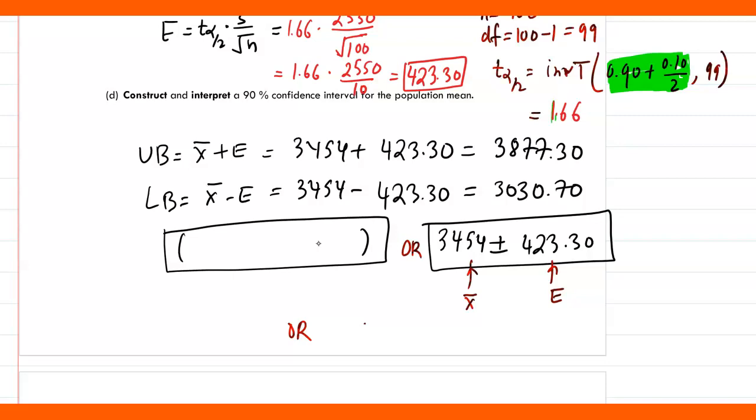All right, my bad: 3030.70 comma 3877.30, because the lower bound comes first, then a comma, then the upper bound, in parentheses.